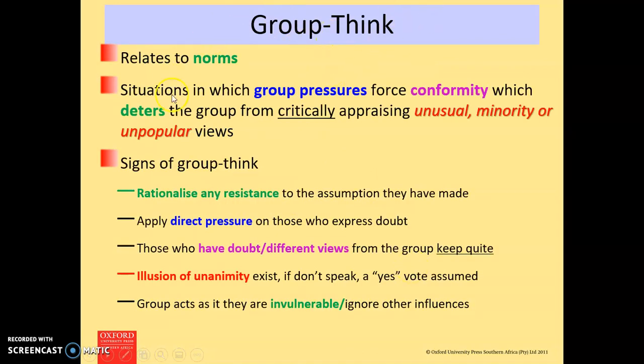So groupthink relates to the norms of the groups. It is a situation in which group pressures can force conformity, which deters the group from critically appraising unusual, minority or unpopular views.